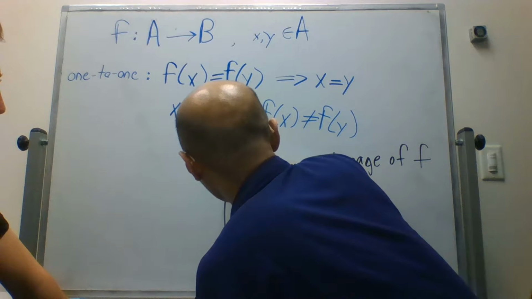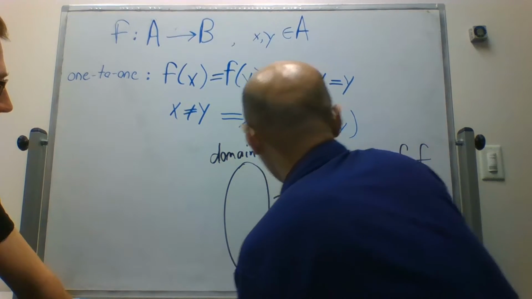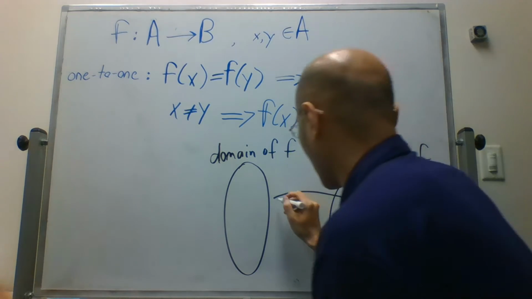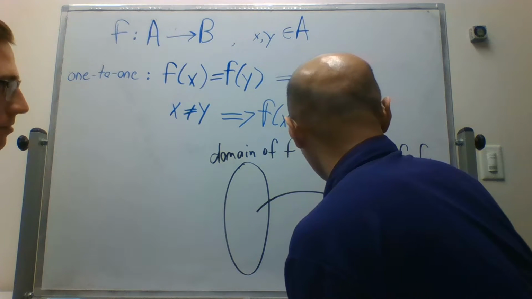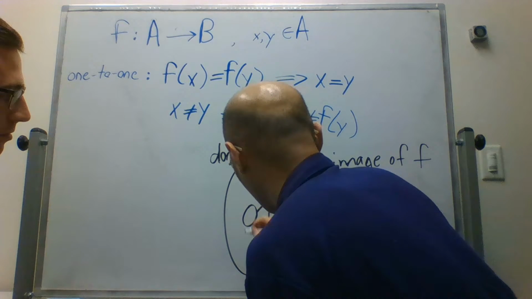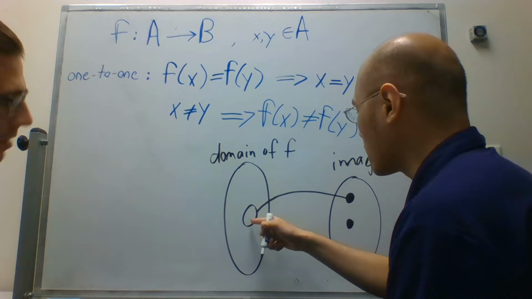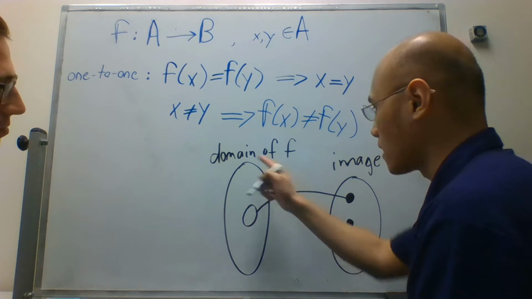Domain of f. Yep. So I think in plain English, what you're saying is, every element of the image of f must have come from one and only one element in the domain of f.